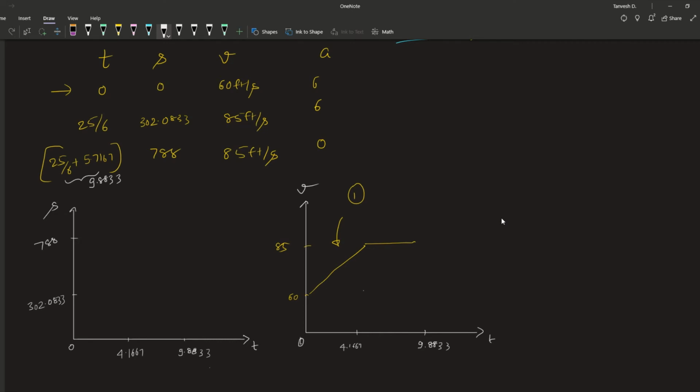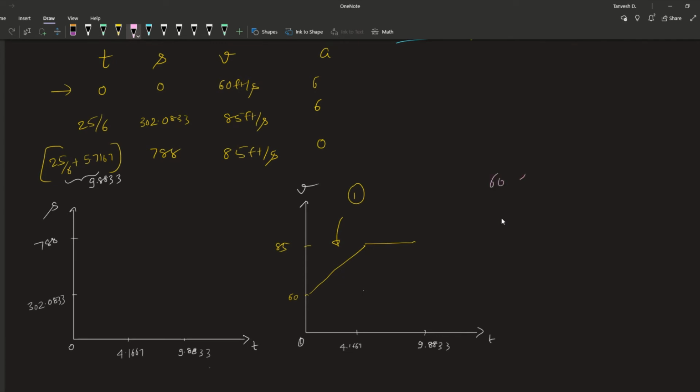From 0 to 4.1667, the curve of displacement time graph will be parabolic, since velocity time graph is a curve of degree 1, which is a straight line, a sloping line. Therefore ST curve will be a parabola, and whether it is an inward parabola or outward parabola, that we will understand by looking at the velocity values at those points.